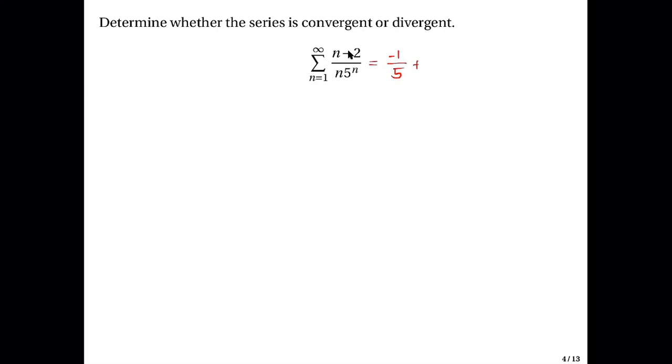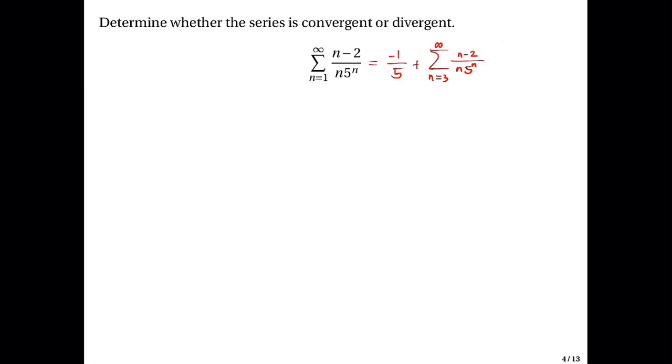And then you just add here the sum from n equals 3 to plus infinity of n minus 2 over n times 5 to the n. So this one has positive terms. So just work on this series and then you add this, and you'll know if it is convergent or divergent.